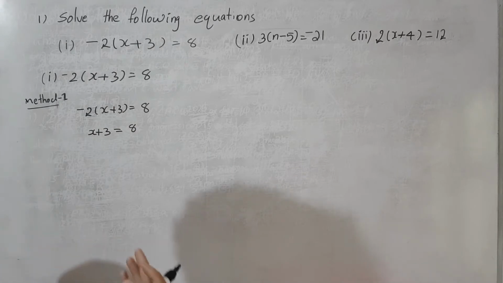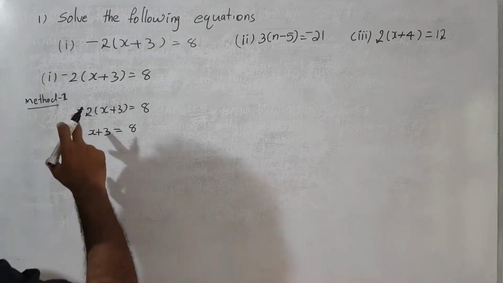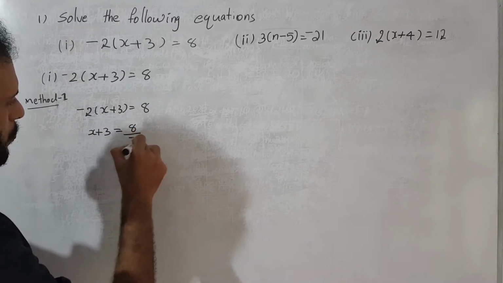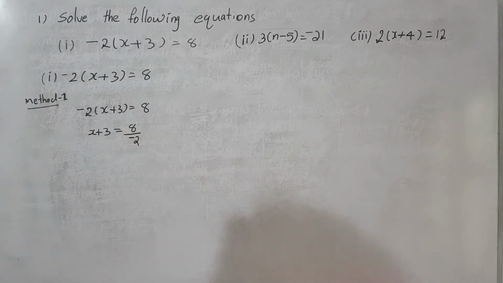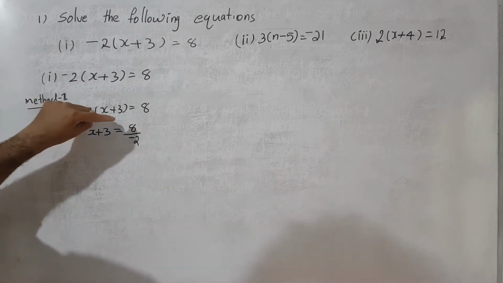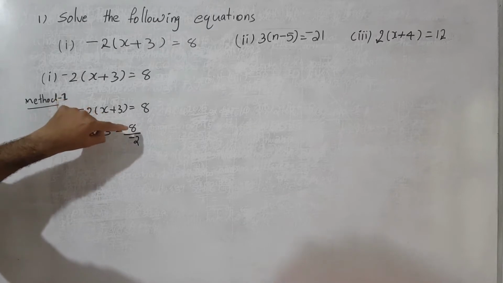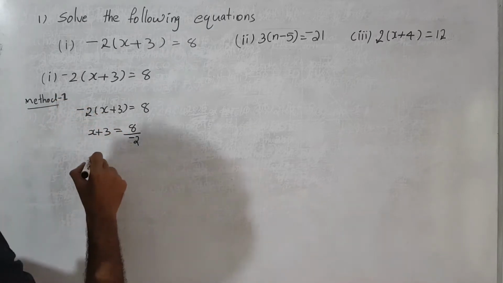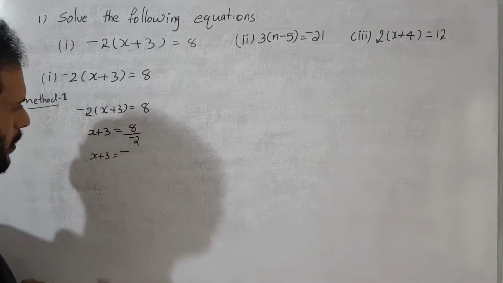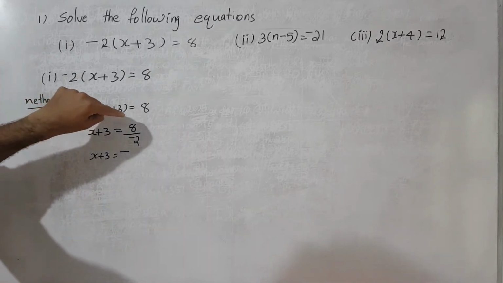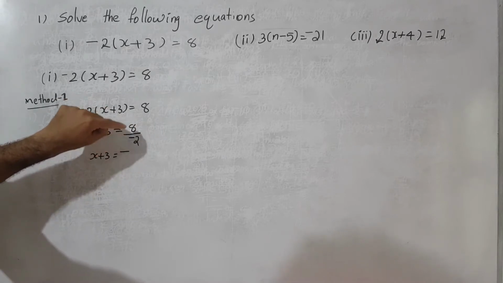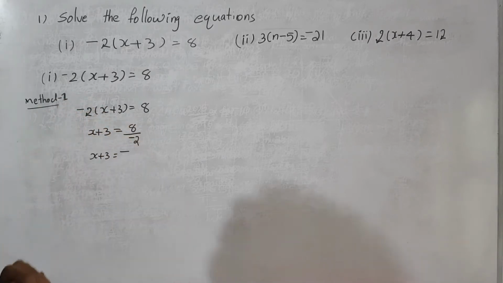Multiplication's opposite is division by minus 2. Then x plus 3 is equal to 8 by minus 2. We are dividing one positive and one negative integer, then we know the result is negative. Correct? We studied that if we divide one positive and one negative, the result is negative. Then 8 by 2 is equal to 4.